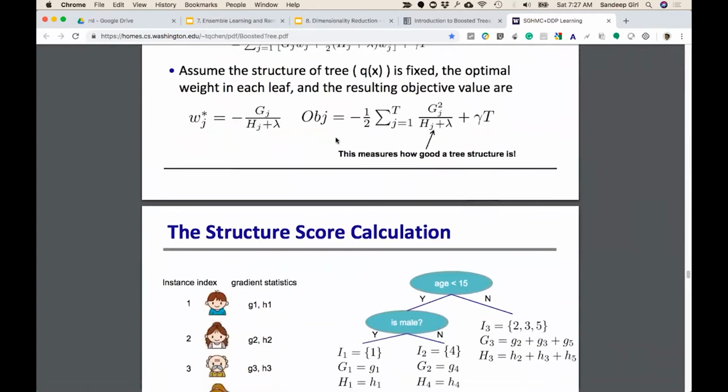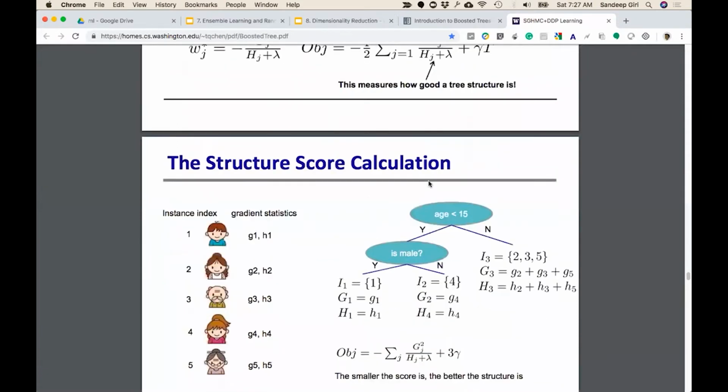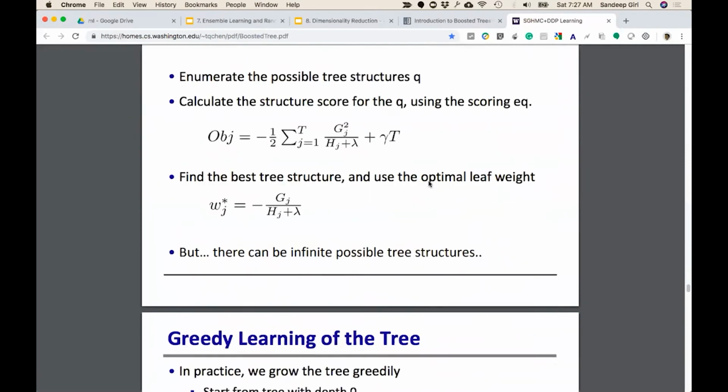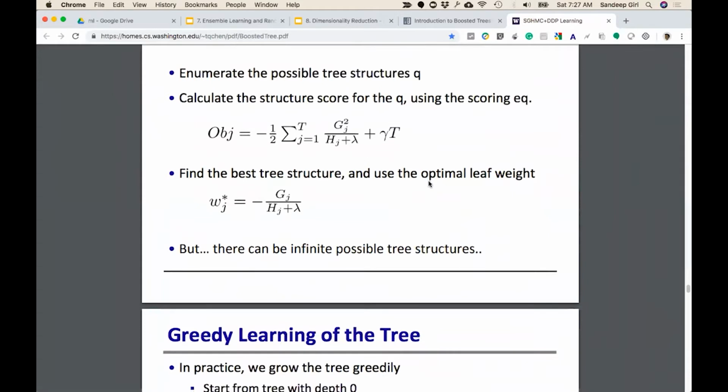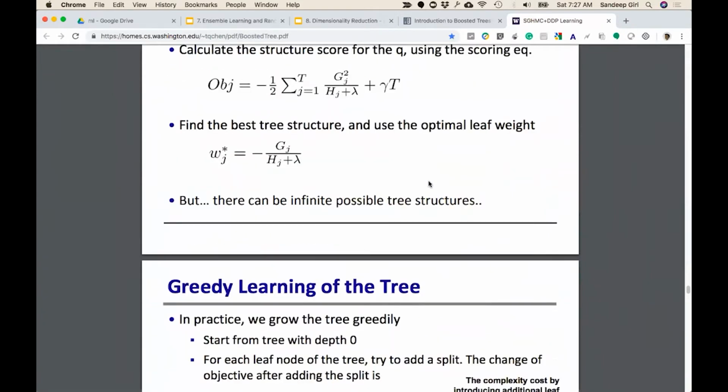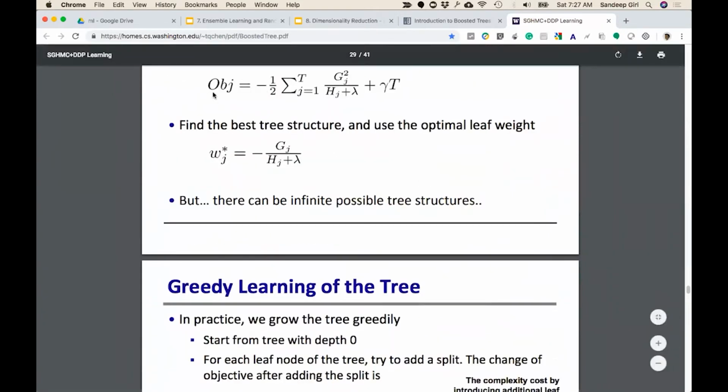And what we do now, as we add a tree, is figure out whether this objective function is going down or going up, right? So basically at every point of time, we optimize this.